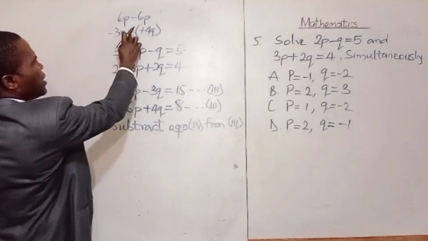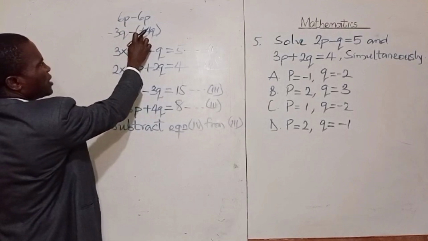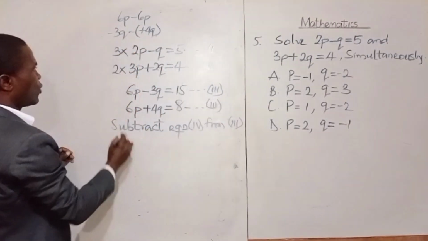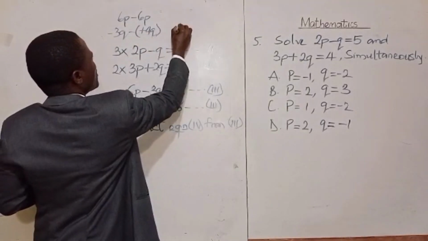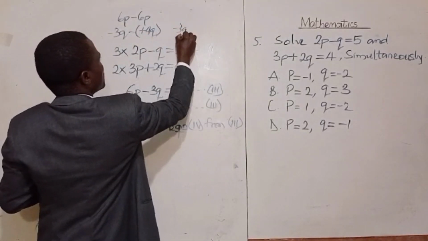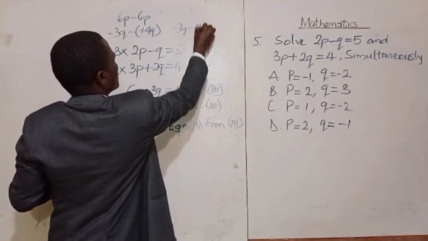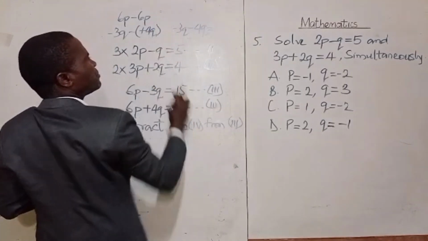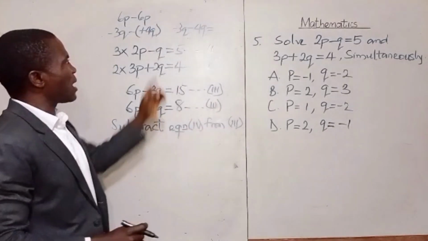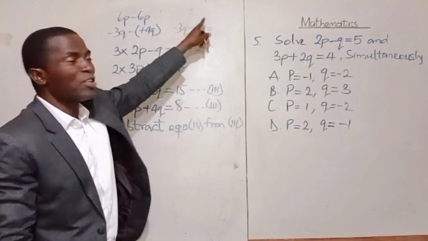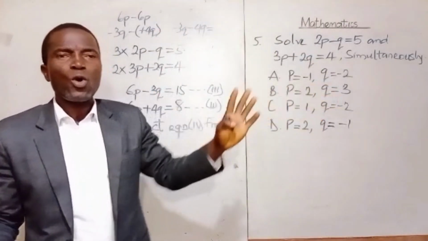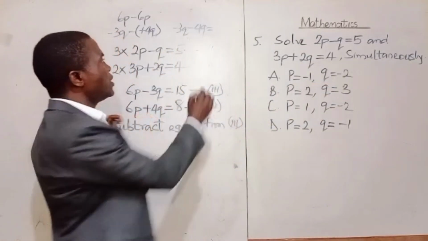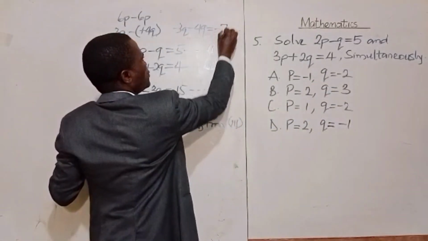So we are going to say minus times plus. When minus and plus fight, so we have minus 3q minus 4q. And that is going to result to, this one now means I am owing 3q. I'm owing somebody 3q. I'm still owing another person 4q. So altogether, the total amount of money I'm owing is going to be minus 7q.